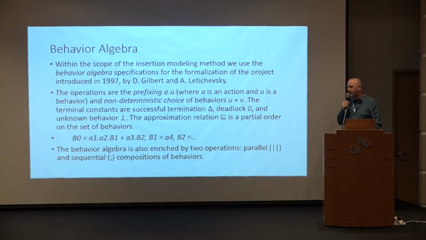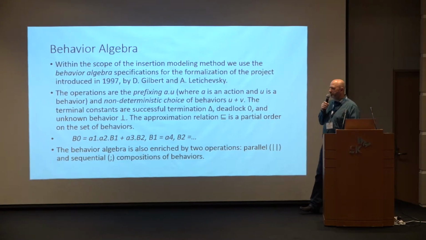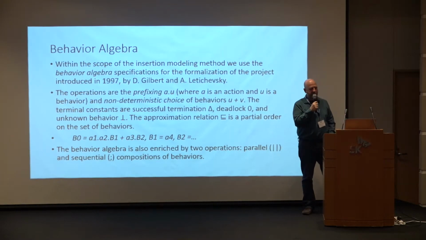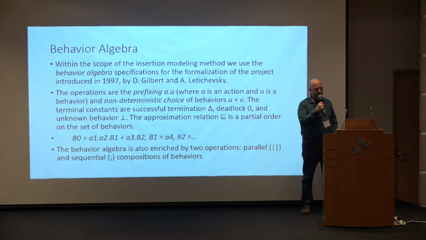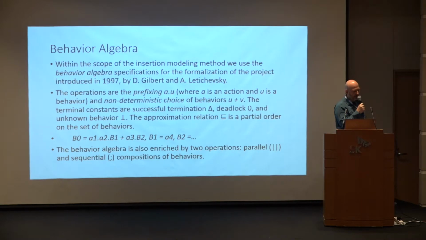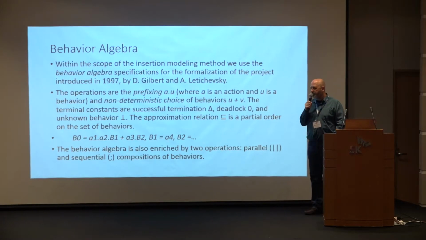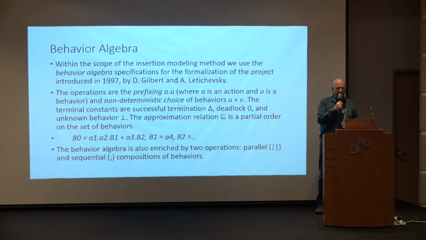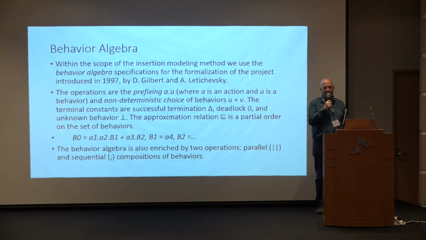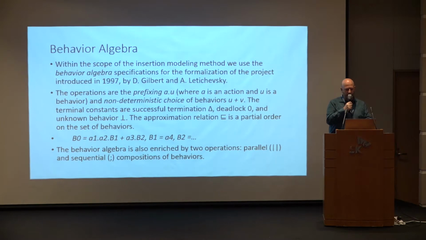It is a double-sorted algebra defined on the set of behaviors and actions, and it defines operations over these objects: prefixing and non-deterministic choice, a number of terminal constants, and an approximation relation. We can define the behavior of an agent as a system of equalities. Behavior algebra also has two operations over behaviors: parallel composition and sequential composition.